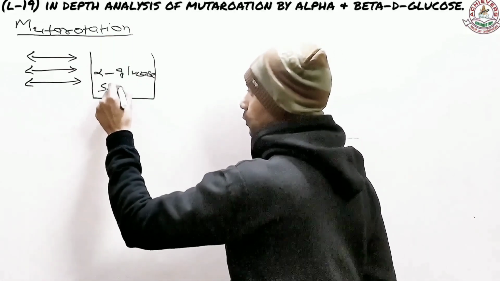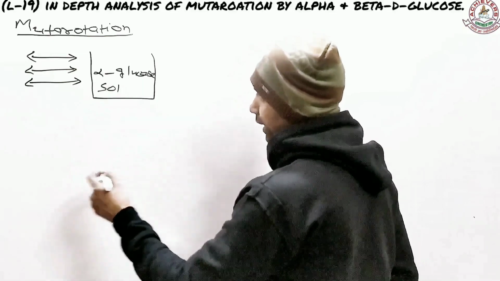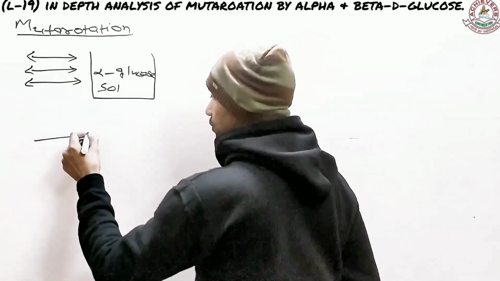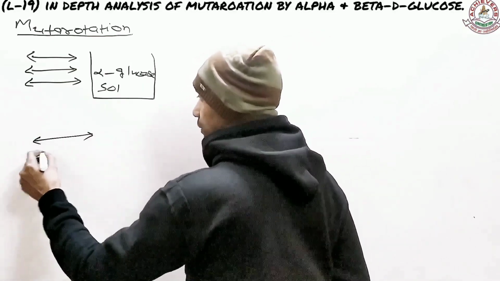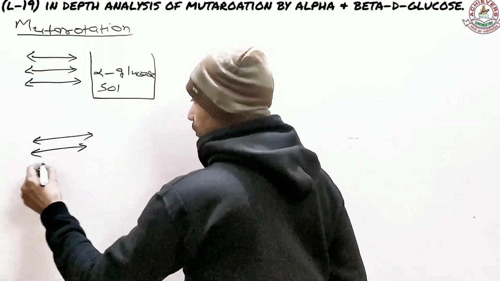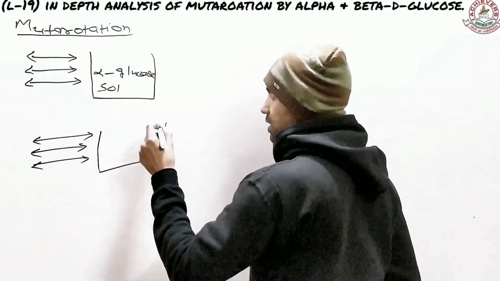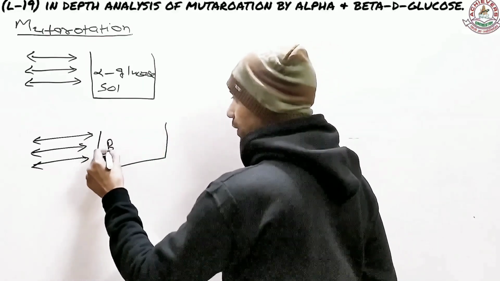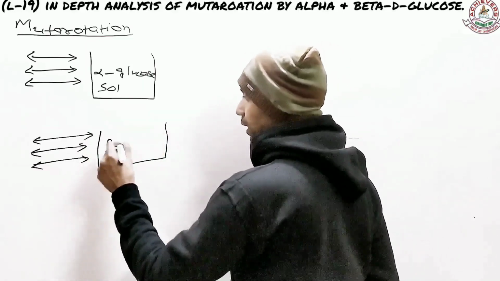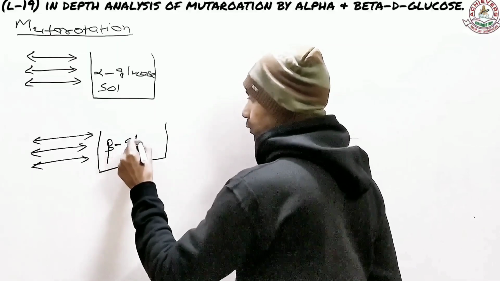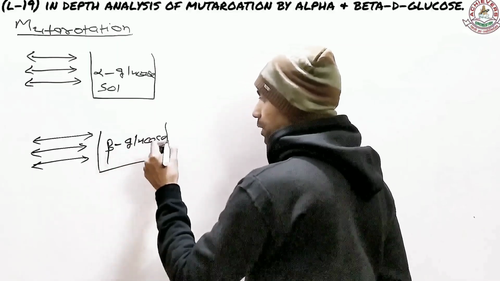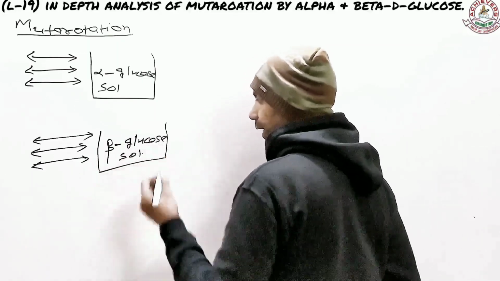Then I'm taking another instance of the same: we have this plane polarized light, and you have another container that has only beta glucose. So this is a beta glucose solution.